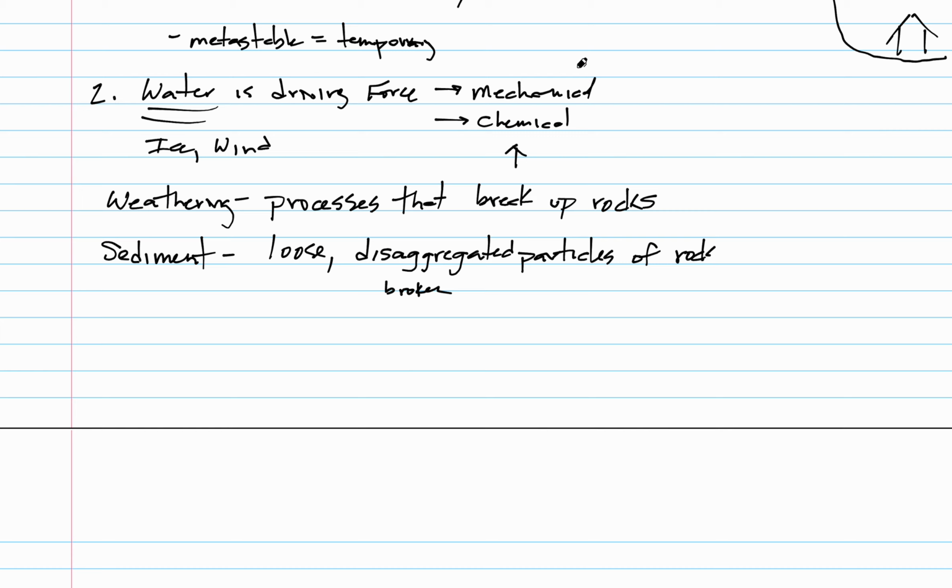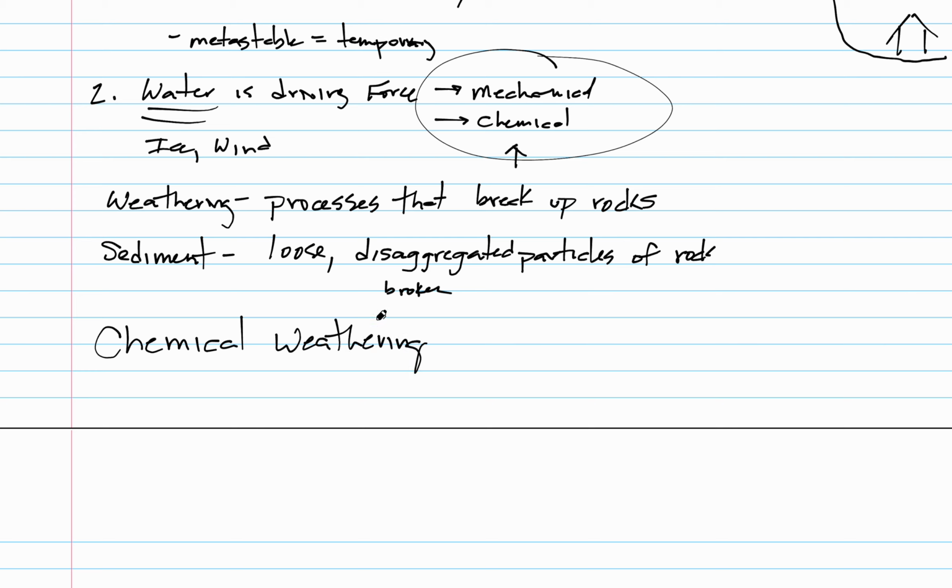So we have these two different topics within weathering, mechanical and chemical. What I would like to do today is walk you through the types of chemical weathering. So we could have a heading here, and that heading is going to be chemical weathering. These are chemical reactions, and there are three of them that I want you to know. Underneath this, I want you to say these are reactions that dissolve rock.